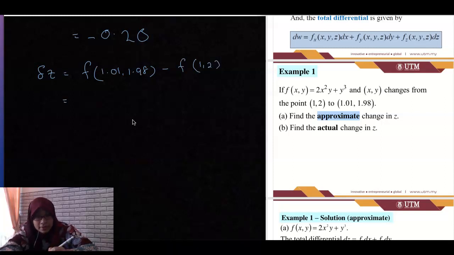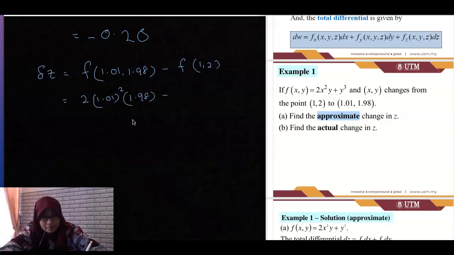So we substitute the values, which is, we have 2 times x, which is 1.01 squared, times y, which is 1.98, plus y cubed, 1.98 cubed. I forgot to put the 2x squared y plus y cubed earlier.